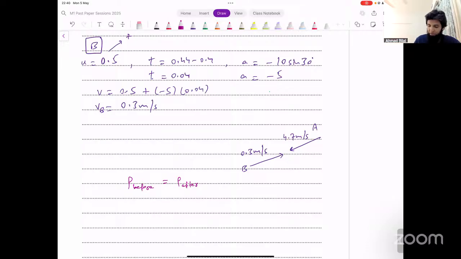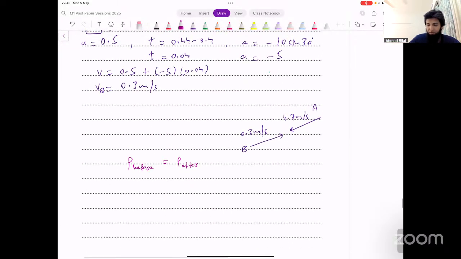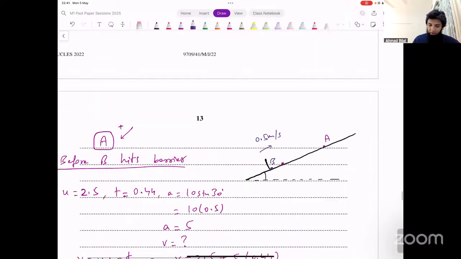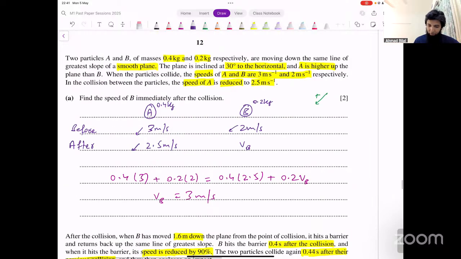Momentum before collision. What's that? Now for momentum, we have to consider the same direction positive for both objects. We can take any of them positive, but for both objects, it has to be the same. So for momentum, let's say this direction is positive. What are the masses? 0.2, 0.4, and 0.2.